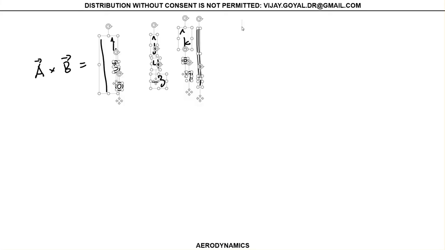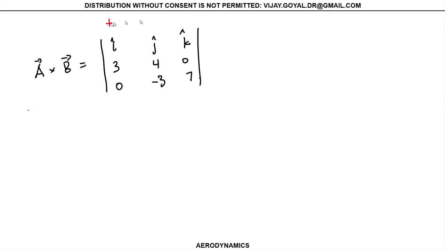The easy way to do it is you put plus, minus, plus. Then you start with the first component, and the whole thing will be I, and it's plus, so I put a plus.